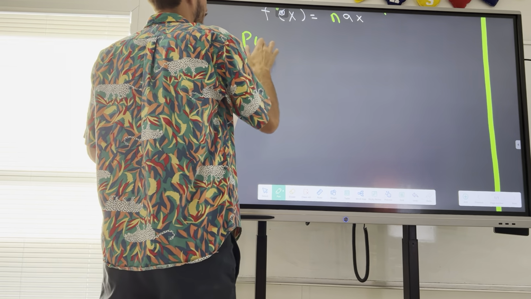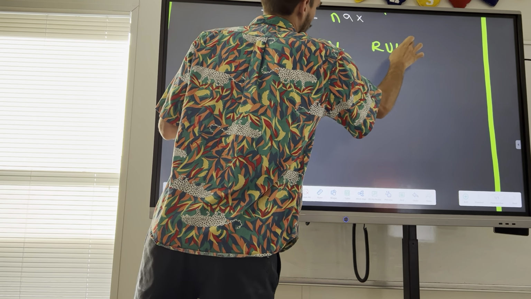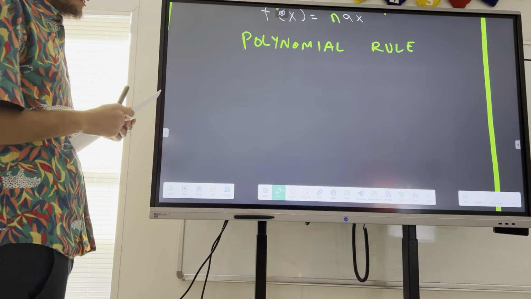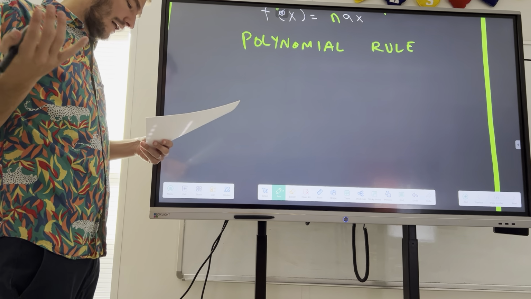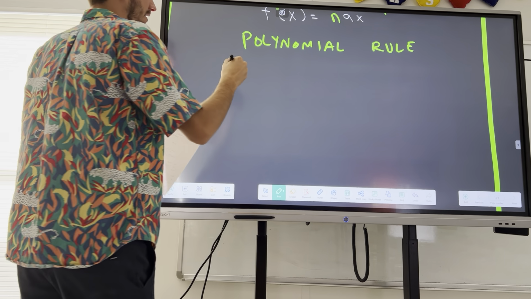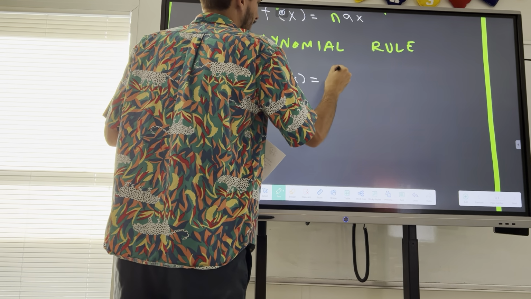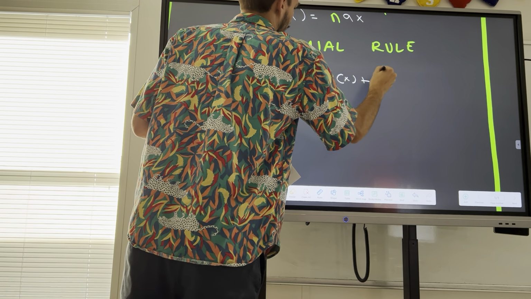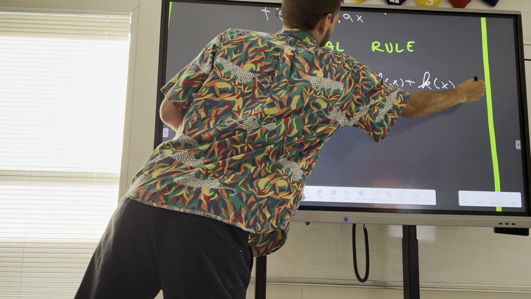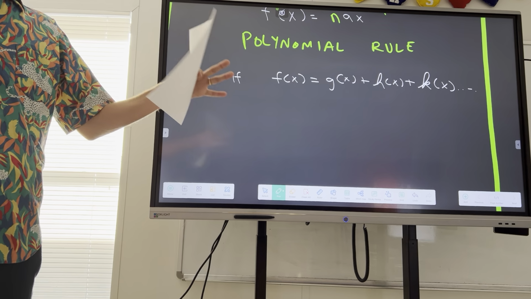This is going to be the polynomial rule. So polynomials are just strings of functions. You could kind of think about them. So again, getting a little fancy, if f of x is equal to g of x plus h of x plus k of x, don't let that stress you out too much.